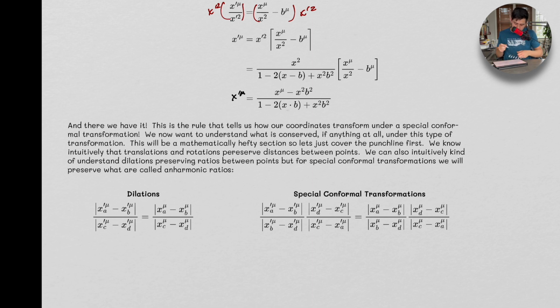So under dilations, we mentioned that the ratio between distances is the thing that's conserved. So this is the prime side, this is the not prime side. Okay. For special conformal transformations, these things called cross ratios are going to be the things that are conserved.